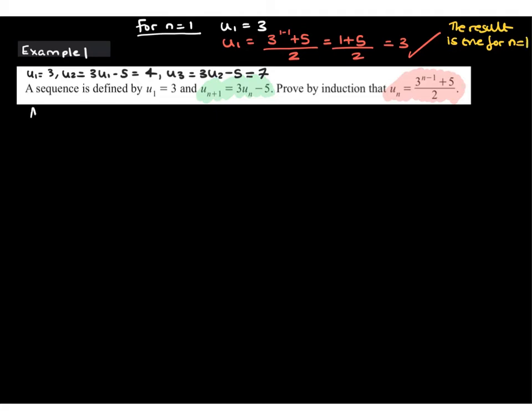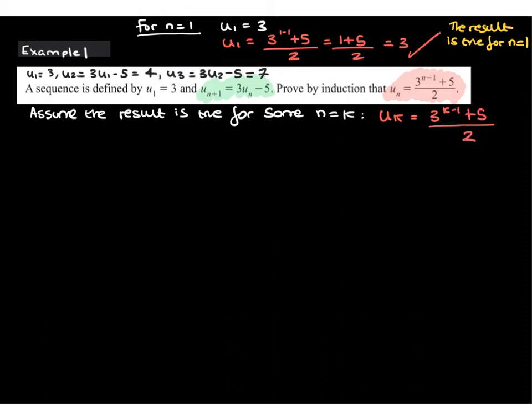So the next step is we're going to assume the result, the red result, is true for some integer n equal to k. So that then gives me u_k is equal to (3 to the k minus 1, plus 5) all over 2.